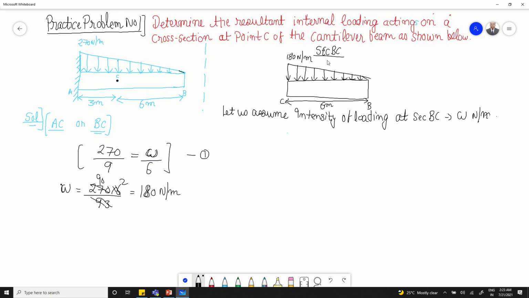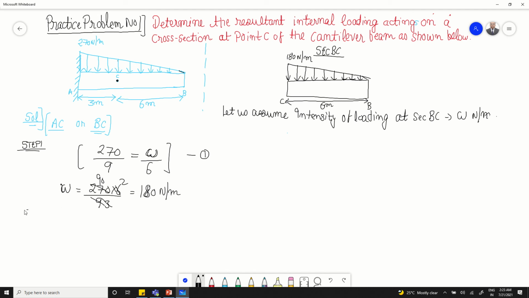Alright, now this is step number 1. We have already worked out the intensity of distributed loading at point C. Now we need to convert this distributed loading into a single equivalent force. Since this is a triangular load, how can we find a single resultant load?